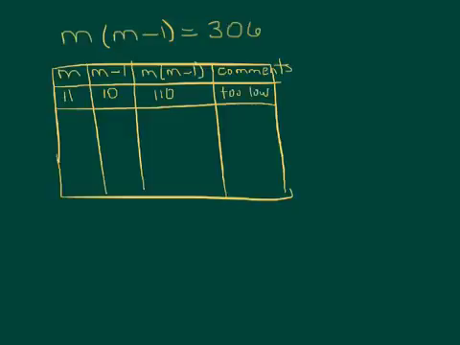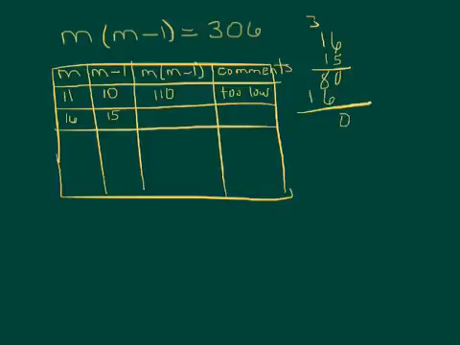We're supposed to get two numbers that when we multiply them, we get 306. So let's jump up. Let's maybe try 15 and 16. So if m is 16, 16 subtract 1 would give us our 15. So what is 15 times 16? Well, 5 times 6 is 30. 5 times 1 is 5, and 3 more makes 8. 1 times 6 is 6. 1 times 1 is 1.